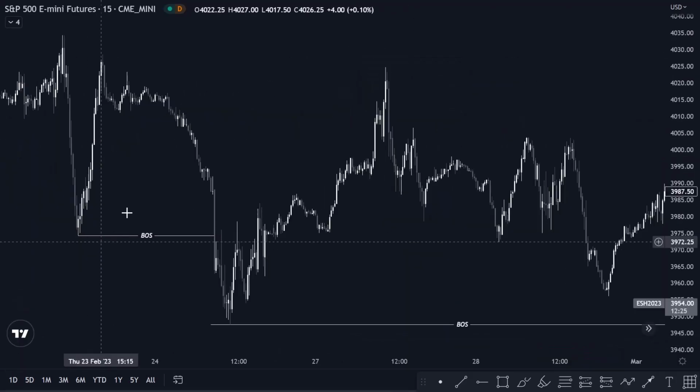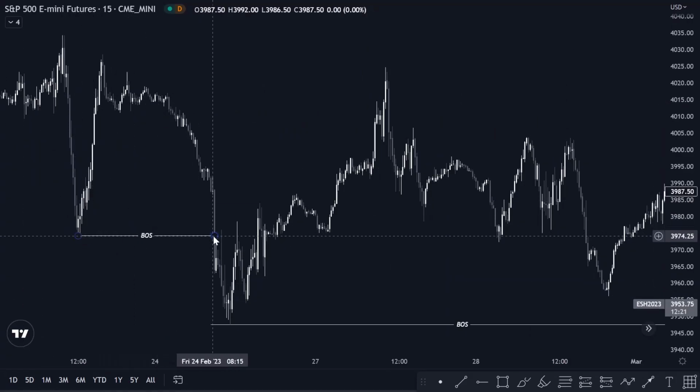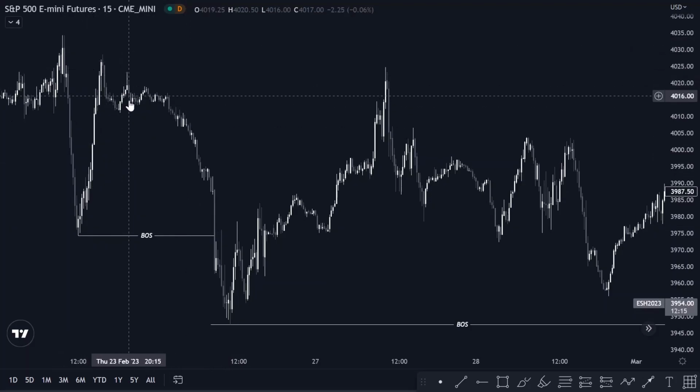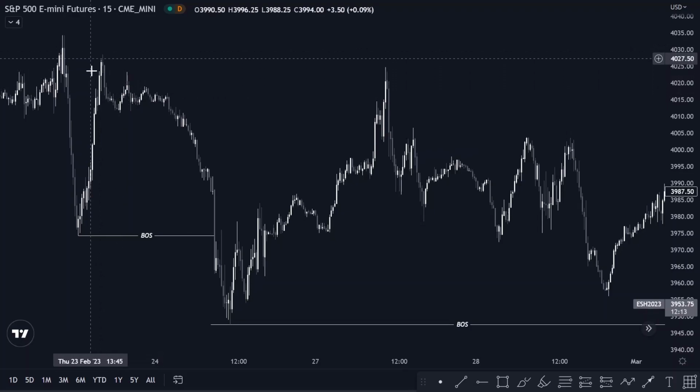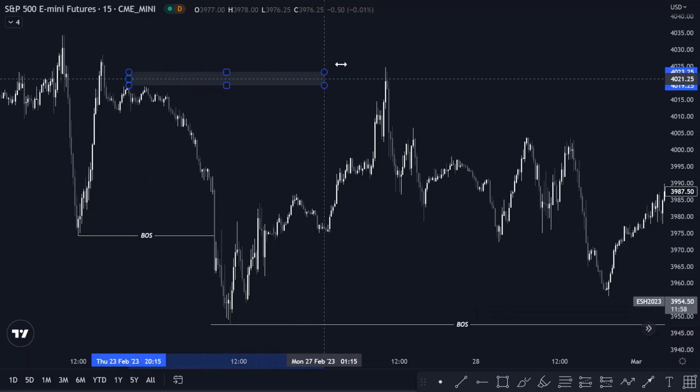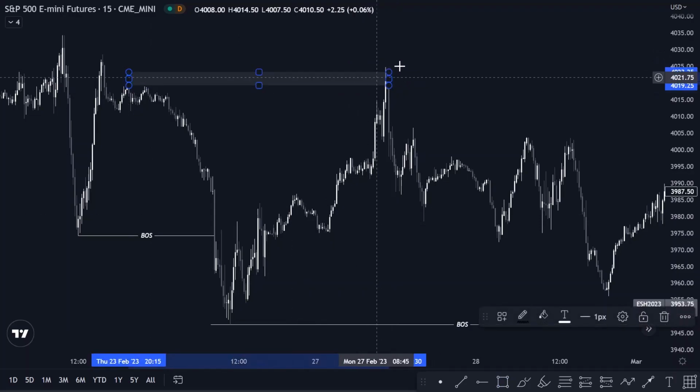So now looking at this, we see that we have a breakout structure here, and then this is our highest point, extreme order block. But we can see that price partially filled that order block. So this order block is now mitigated. Now we could take an entry from here, and we can see on the lower time frame, somewhere in here, that price respected it here.